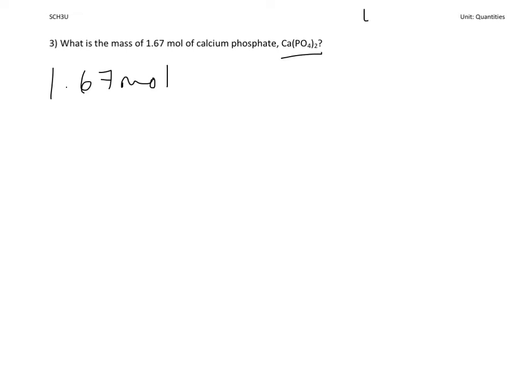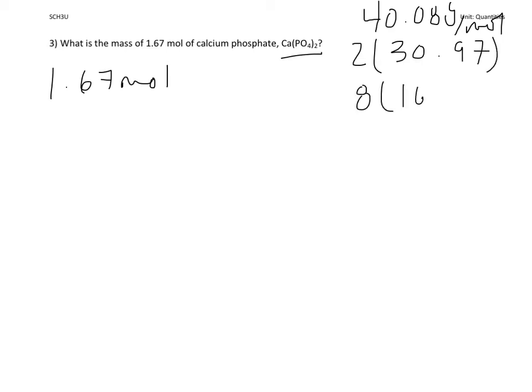I'm going to get 40.08 grams per mole, and you could be doing this work on a scrap sheet of paper. I don't need to see you doing it anymore. I'm going to get 2 times the mass of phosphorus, which is 30.97, and 8 times the mass of oxygen, 16.00 grams per mole.